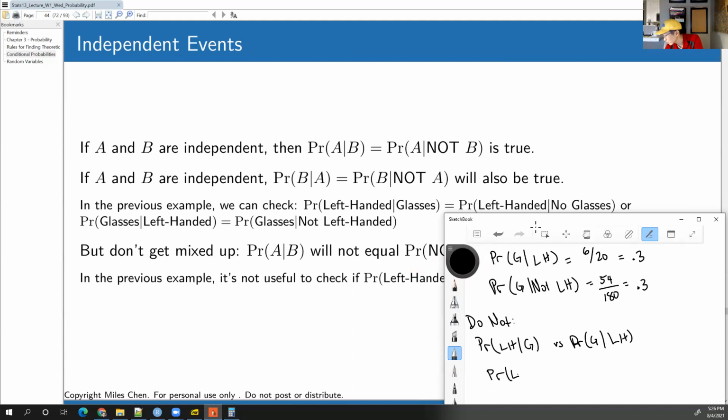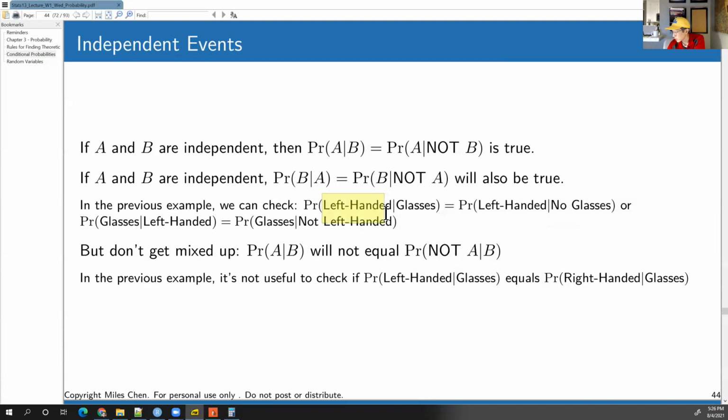And don't do probability of left-handed given glasses versus probability of right-handed given glasses. Don't check this. The right things to check are probability of left-handed given glasses compared to probability of left-handed given no glasses, or probability of glasses given left-handed against glasses given not left-handed. But don't mix these things up.